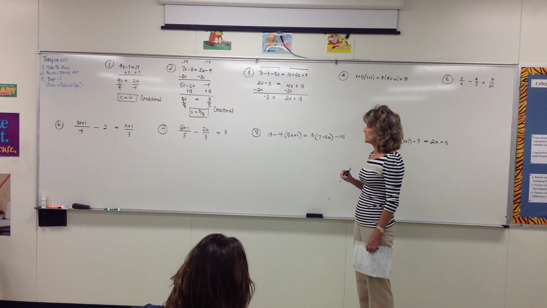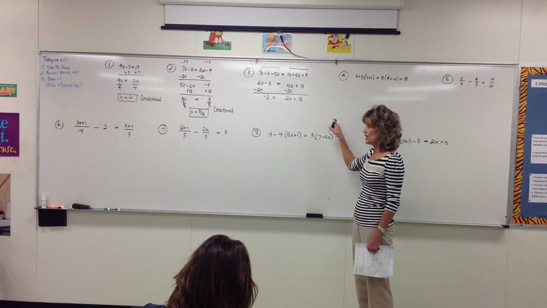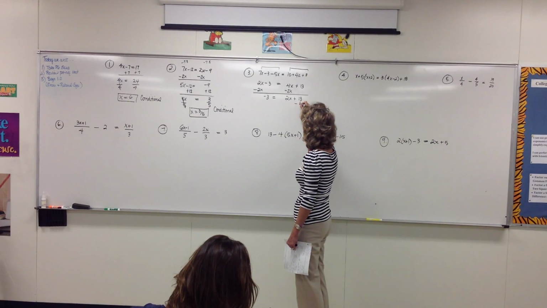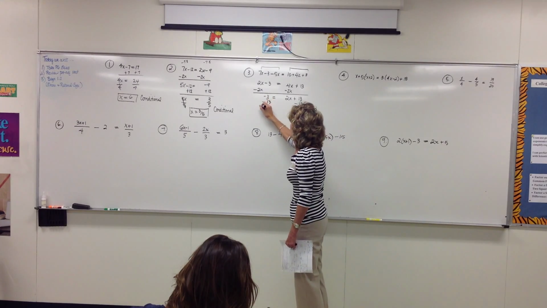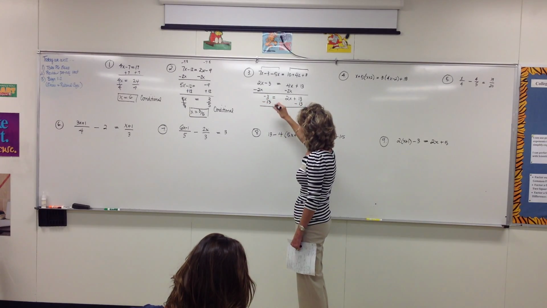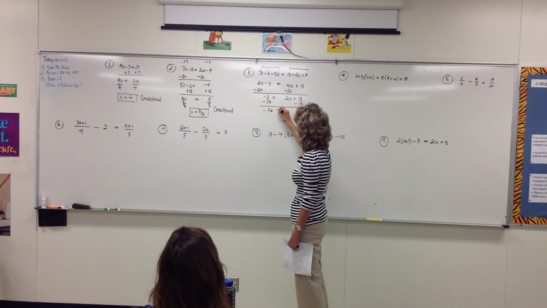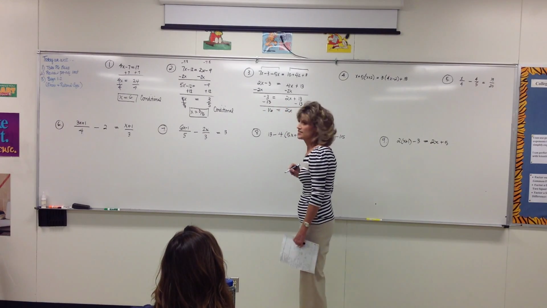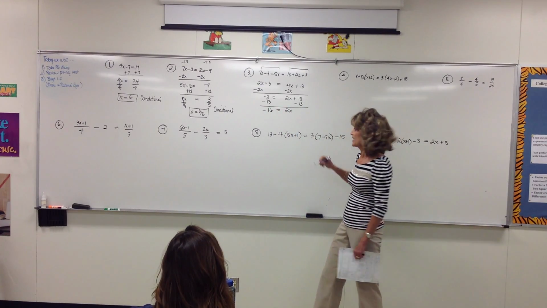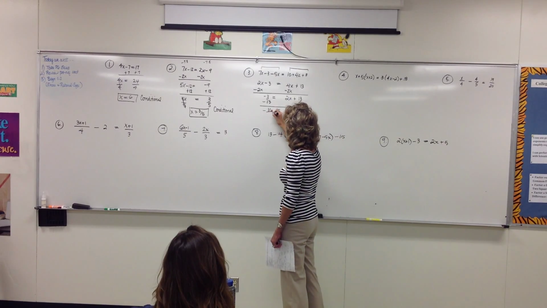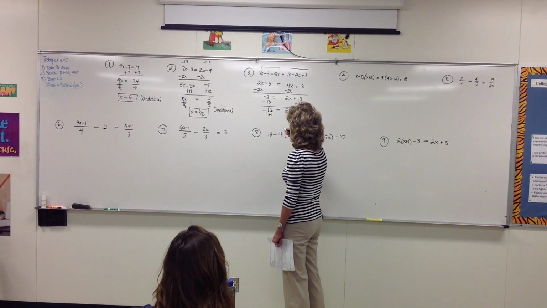Now we're to a simple linear equation. We subtract 13 from both sides. Negative 3 and negative 13 is negative 16 equals 2x. And then divide both sides by 2. And x equals negative 8.